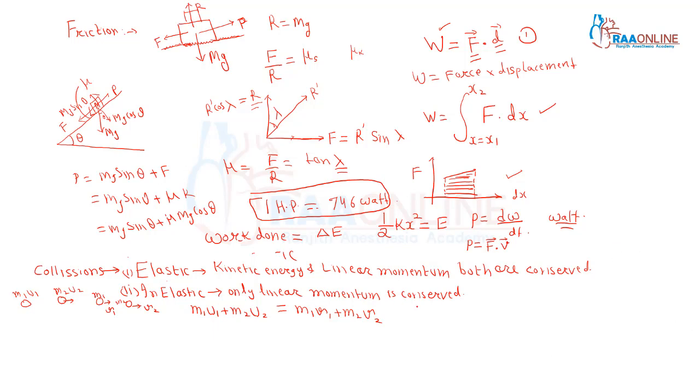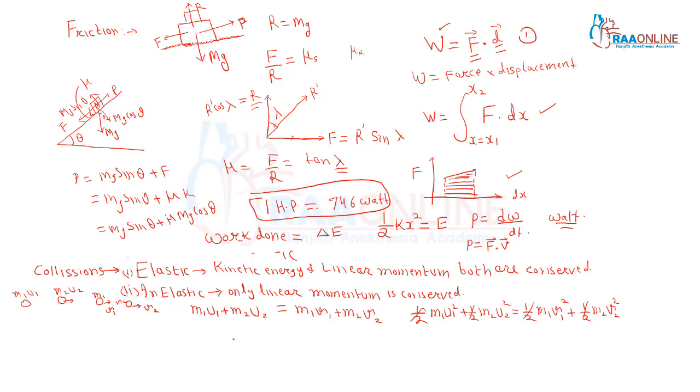And second, from kinetic energy: half m1 u1 square plus half m2 u2 square should be equal to half m1 v1 square plus half m2 v2 square. Cancel this half with this.